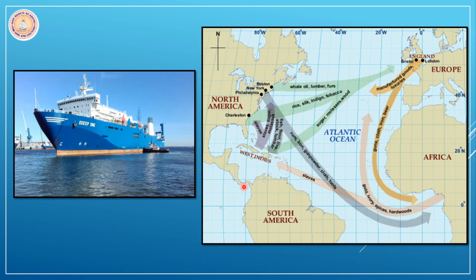Also through the Panama Canal, which is in Panama. So the long and arduous route from Africa or Europe to the western part of North America was cut down due to the Panama Canal route, which is found in Panama over here.